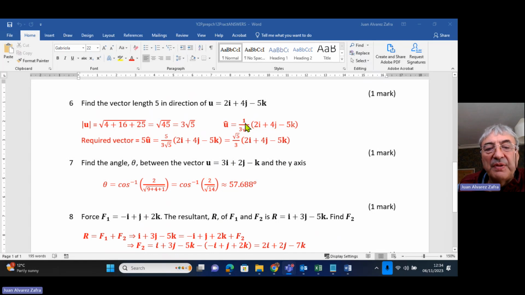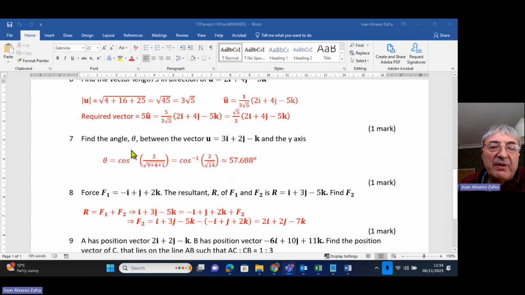But we want the vector with length 5. So that's the unit vector. And now if we want to get the vector of length 5, we simply need to take 5 times the unit vector. So if we multiply by 1 over root 45 by 5, we get this vector here.